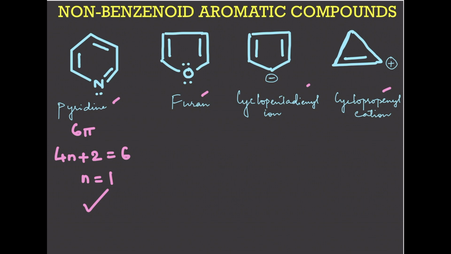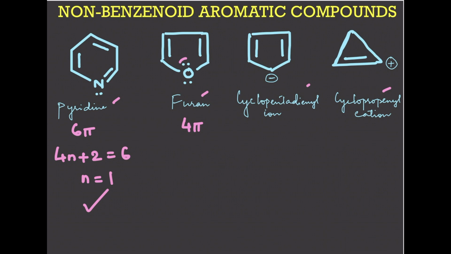Same is the case with furan. In furan, you can see there are 2 pi bonds. If we go by just the face value, two pi bonds means we feel that there are 4 pi electrons, but actually there are not 4 pi electrons, rather there are 6 pi electrons. Let us see how.